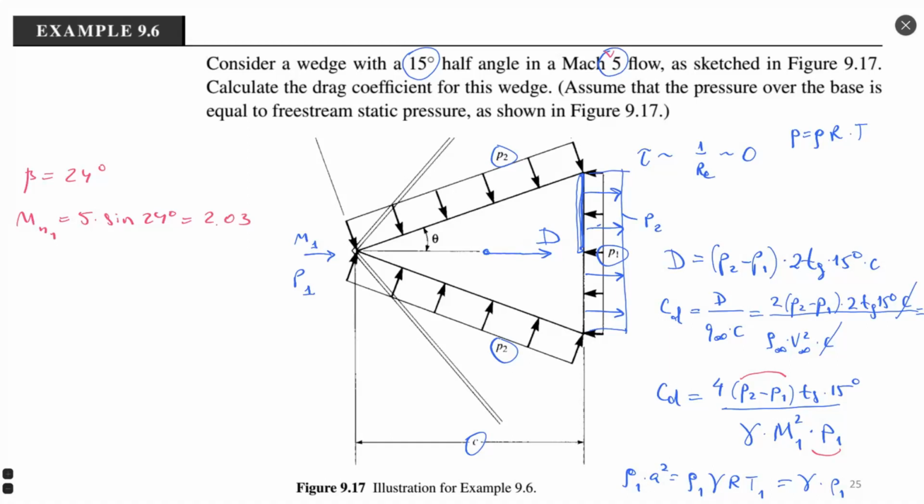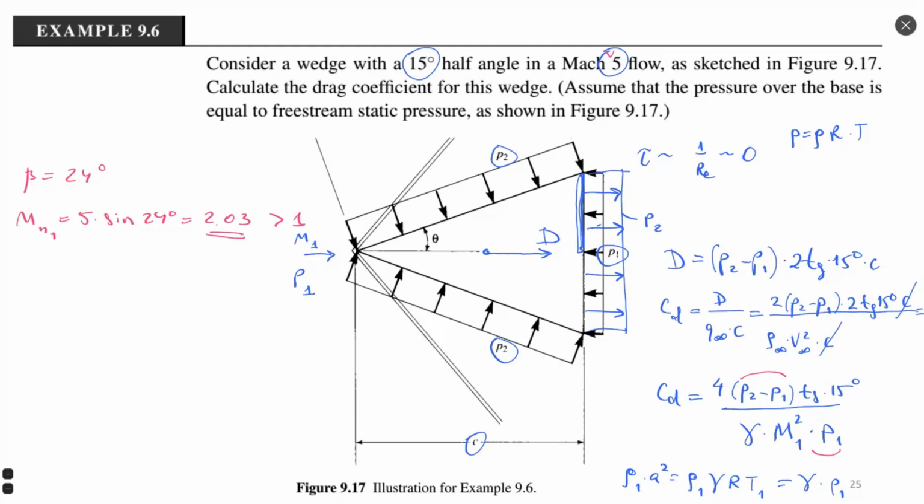Okay, our checkpoint number 1: this value is supersonic, as it should be. Now I look in Appendix B for this value, and I will see the pressure ratio. I can find 2.05, so I will use it directly, 2.05, not 2.03.